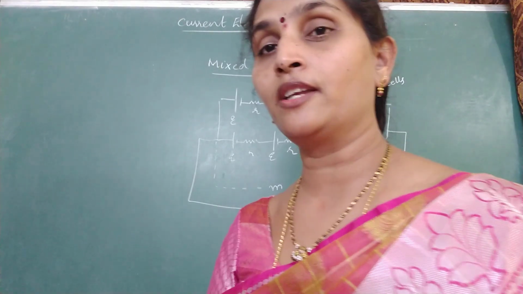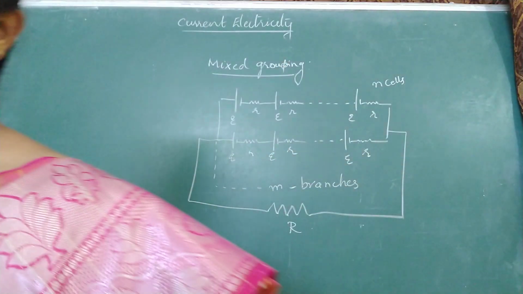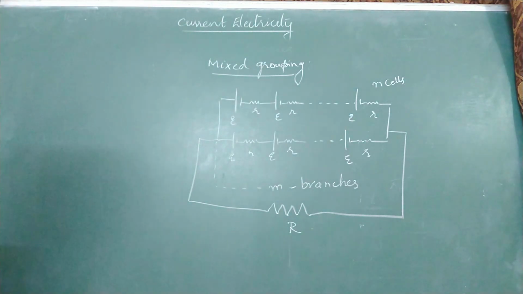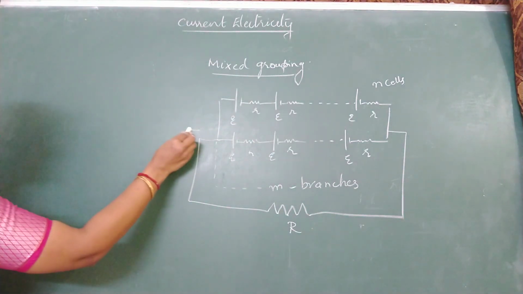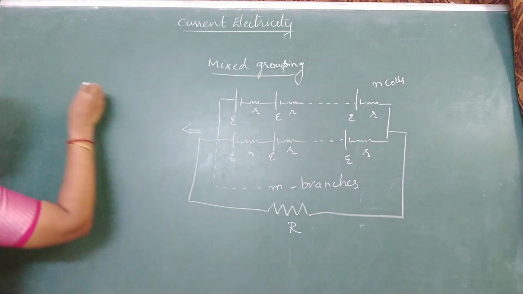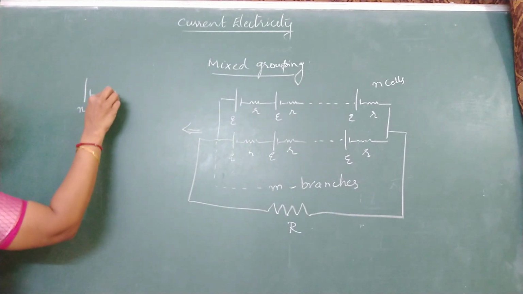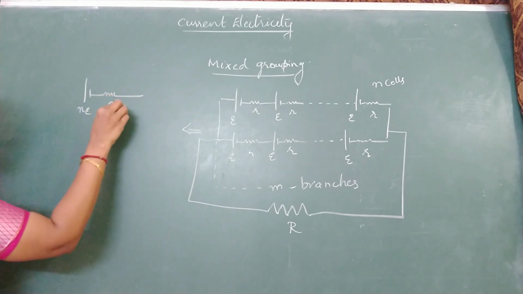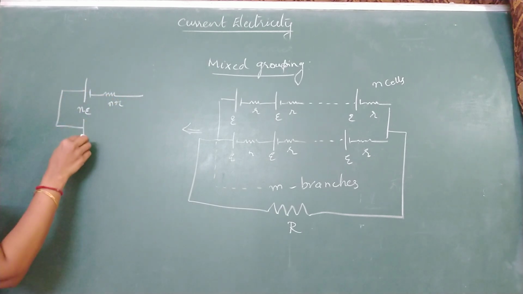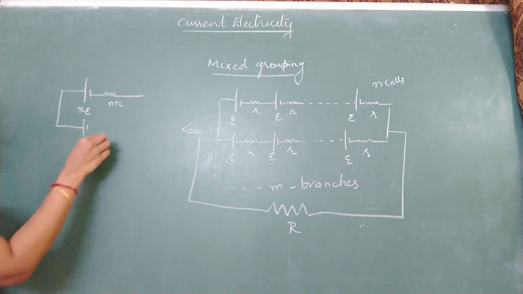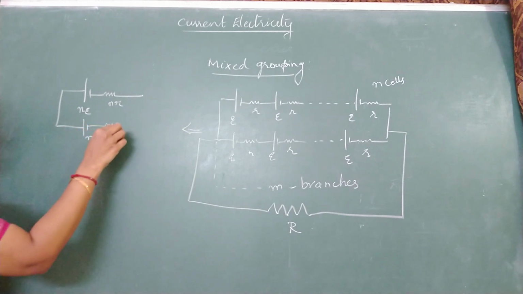Okay, we know separately for series and separately for parallel combination. Okay, I will modify the circuit. So this is equivalent to, for this branch, the EMF n into E and resistance is becoming nr. Then second branch also we have n into E, n into r.